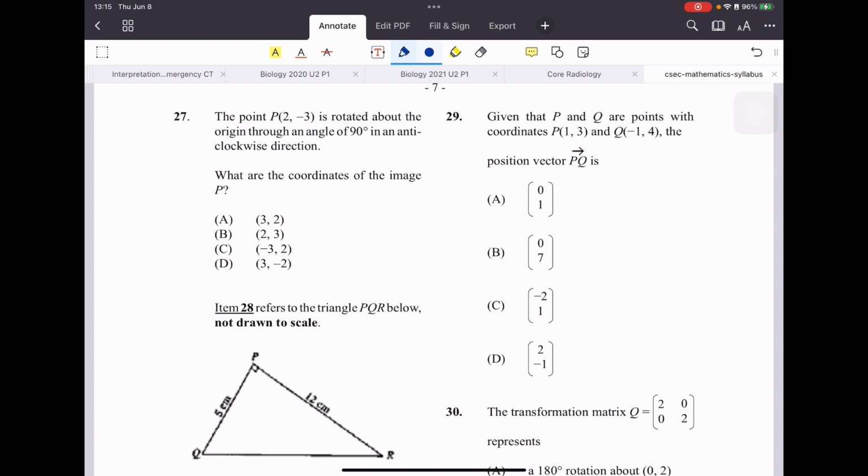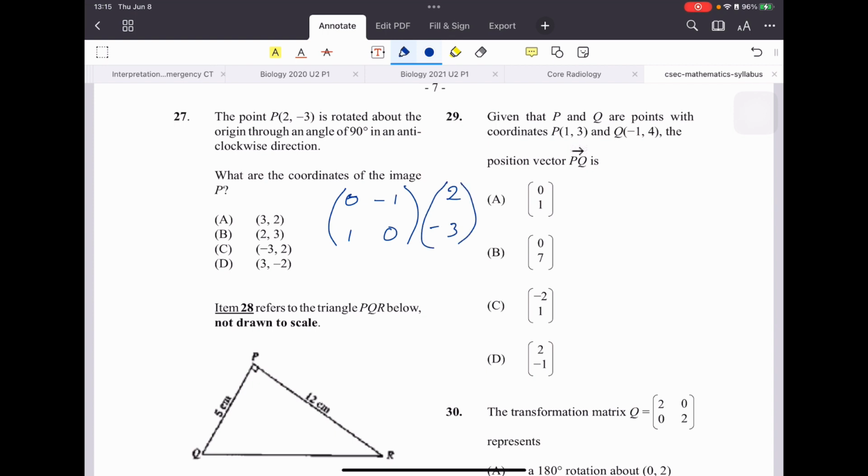All right, so for a rotation of 90 degrees counterclockwise, right here, so instead of anti-clockwise, we have to use this matrix here, (0, -1; 1, 0), and then multiply it by the coordinate (2, -3).